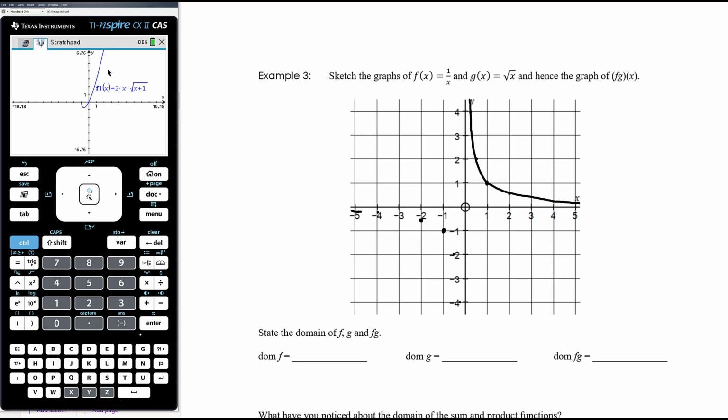Not quite so far out there. Okay, so there's our 1 on x. Root x goes through (0, 0), (1, 1), (4, 2), about 1.4, about 1.6.